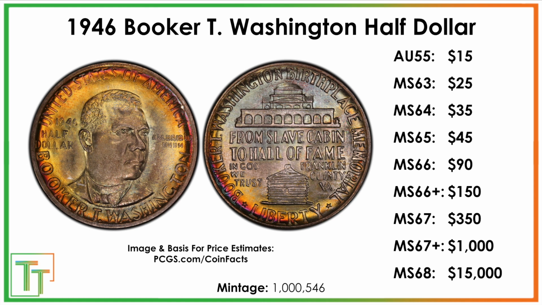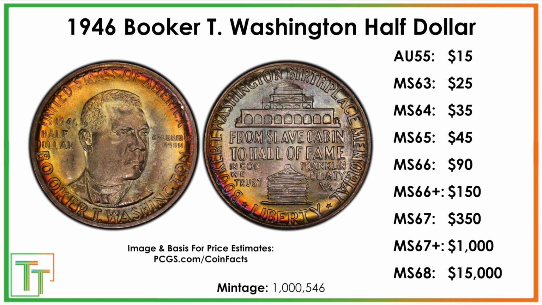It's, I think, the second or third most minted commemorative half dollar, this date being 1,546,000. In AU55, it's only about a $15 coin. Mint state 63, 64, 65, very affordable, and it's a pretty significant coin that I would say it's a good buy, just in the sense of being pretty historic and being very affordable for most collectors.